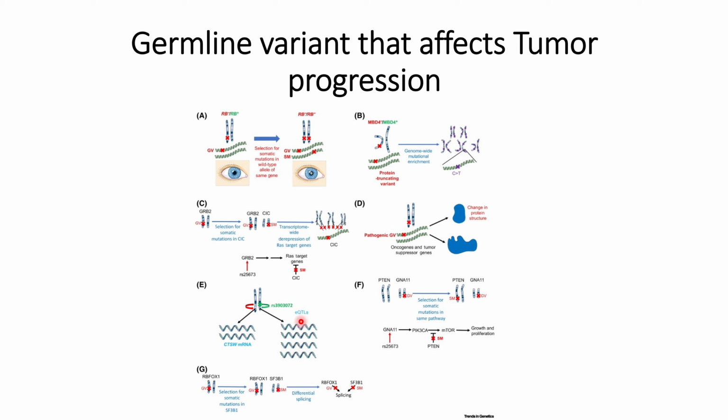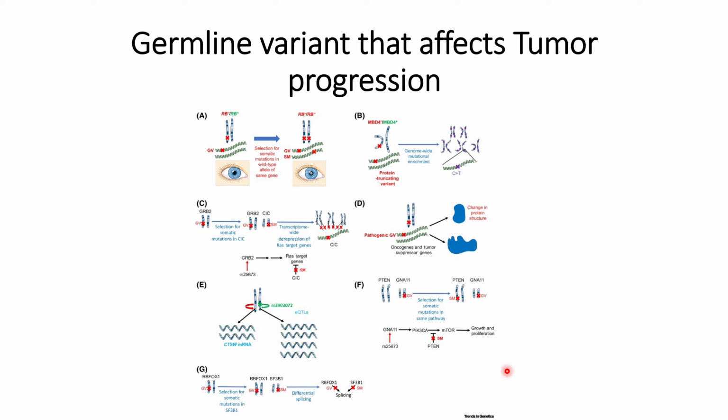CTSW is related to the tumor suppressor gene, and a mutation in CTSW will lead to upregulation of this tumor suppressor gene. However, since there is a mutation in the structure, it is not able to form the native structure, so it will not be able to perform its function, that is to suppress the gene. However, the translation rate of this non-native structure is increased when there is a cis conformation of the CTSW mRNA.